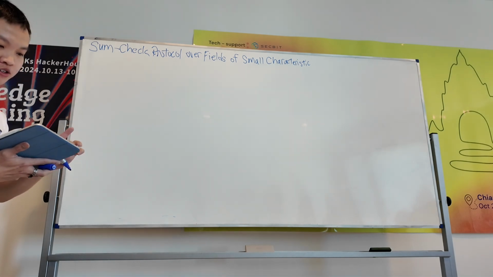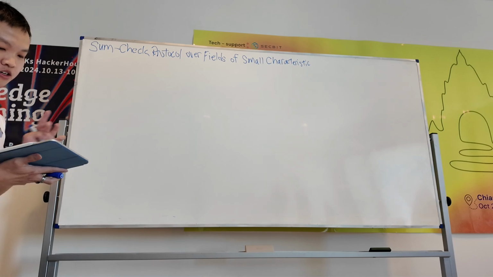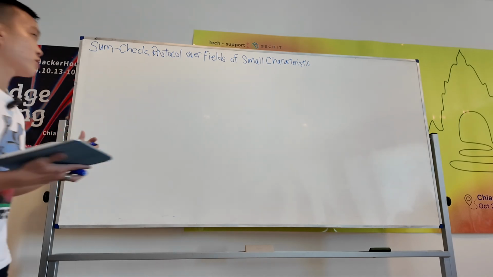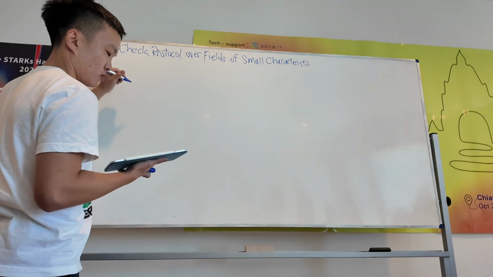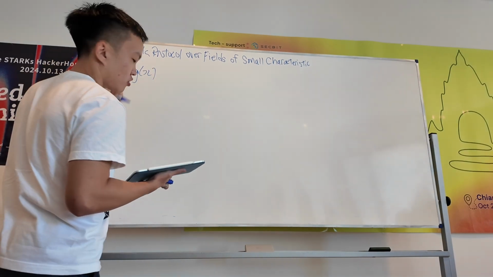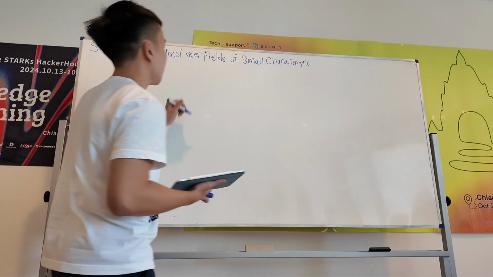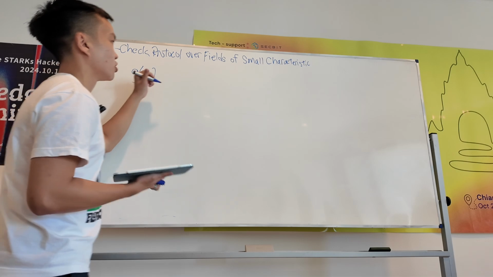Right, so basically, in Sumcheck, usually what we have is a multilinear polynomial. Let's call it g(x), and when I say multilinear polynomial, I mean you have multiple variables. Let's say it's an L-variate polynomial.